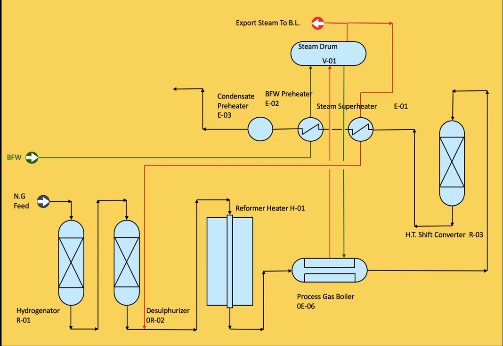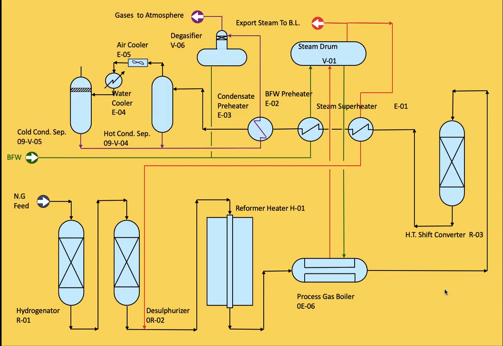So this is the shift converter main reaction: CO plus H2O gives CO2 plus hydrogen. Then we will remove this CO2 and other components using the PSA at the end of the unit.